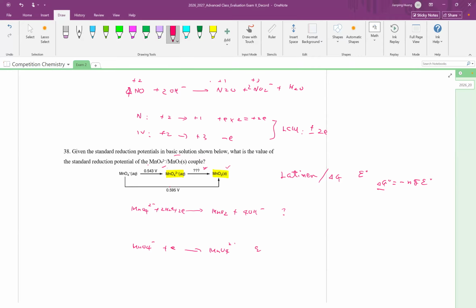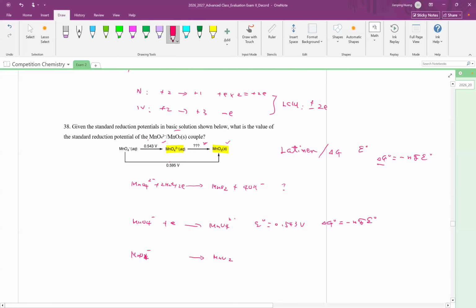So epsilon equals 0.534, delta G equals minus nFε. Now go to this one, from here to here. So that should be MnO4 minus to MnO2. Right? Now you get plus 7 to plus 4, you gain 3 electrons.